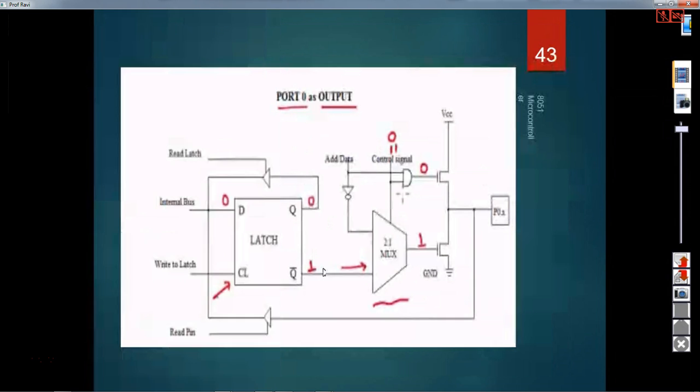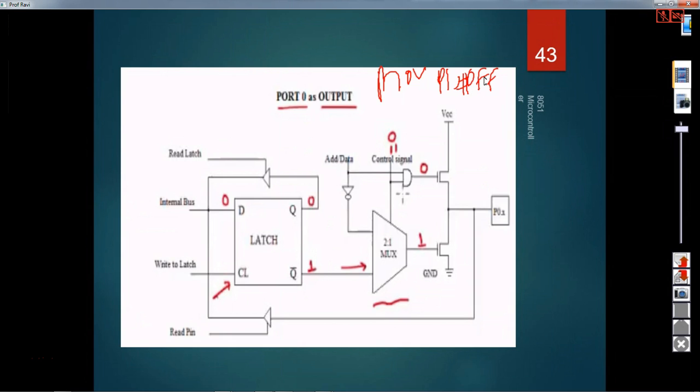Now, if you want to use this as an output port, we have seen the input port. The moment the 8051 port pins are going to be used as an input port, you have to write 1 first. That is a must, because you are reading through the buffer, and that can be done by writing 1 into the port pins. Generally, the instruction you write if you are using this as an input port is MOV P1, #0FFH.